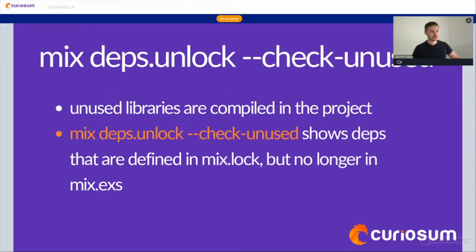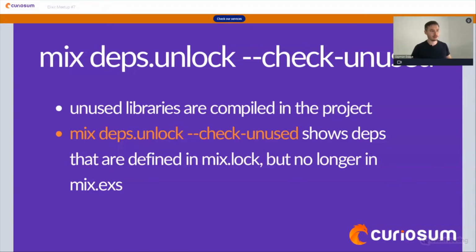So what it actually does is show what's inside of the mix.lock, but no longer in mix.exs. And your project will build these libraries, these deps, without any purpose because you're not using them anymore. So you don't want to compile, build a project, and download all of it if there is no use of it. So basically, that's what this step is checking.